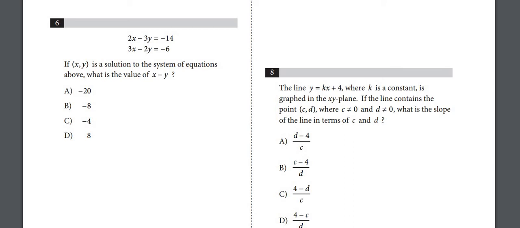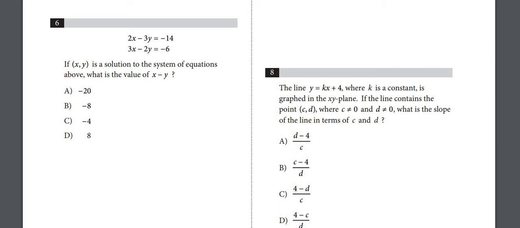So you can see that there are two equations and there are two variables, x and y. So this is a question on simultaneous equations. And then the question says, if x comma y is a solution to the system of equations above, what is the value of x minus y?